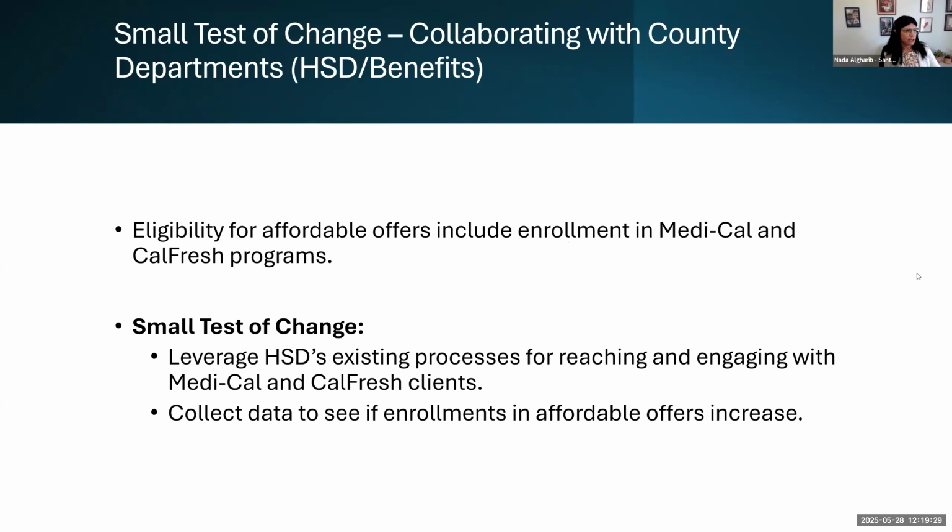They work closely with the community, and especially with the benefits unit. They work with Medi-Cal and CalFresh clients, and those clients are eligible for the affordable connectivity program. So I wanted to leverage their good relationship with the clients to see if they can do the outreach and inform them about the program so they can enroll.